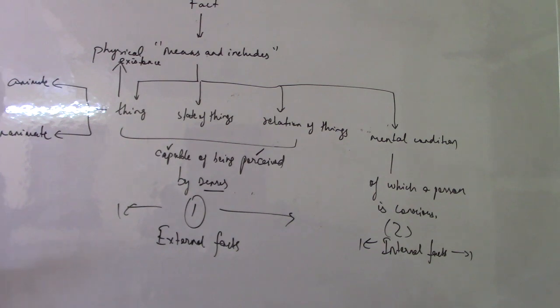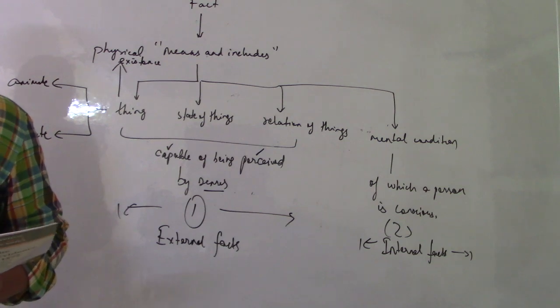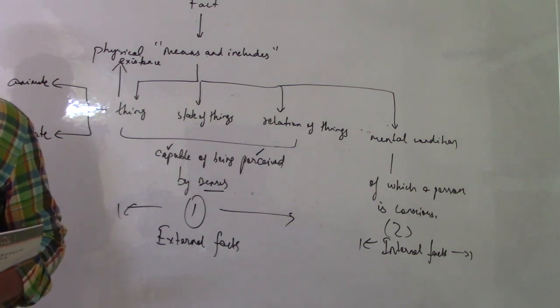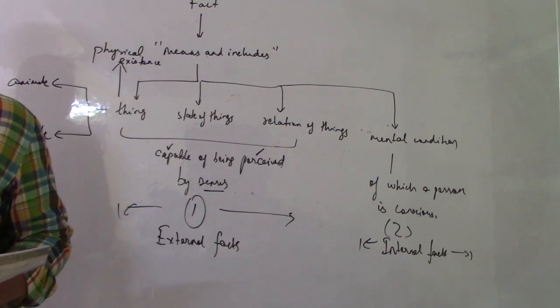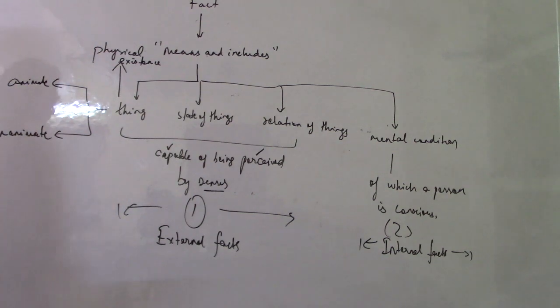Why? Over here it is mentioned anything, any state of things, any relation of things capable of being perceived by the senses. When you're hearing something, whatever you're hearing is being perceived by the sense of hearing. In the same way, when you see something, you're perceiving it by the sense of sight. Clear?